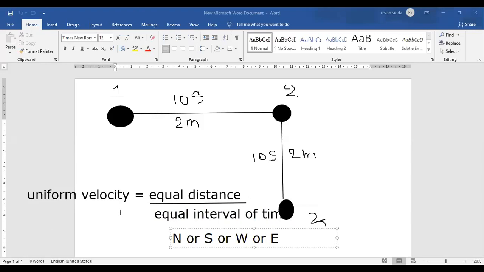Okay, uniform velocity is equal to equal distance divided by equal interval of time in a specified direction.